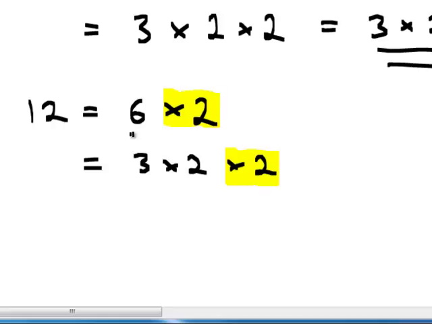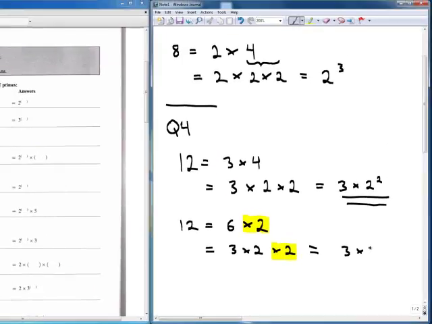So 6 is 3 times 2. And now we end up with the same thing. 3 times 2 times 2 is 3 times 2 index 2. So we're always going to end up with the same answer, and that's the most important thing.